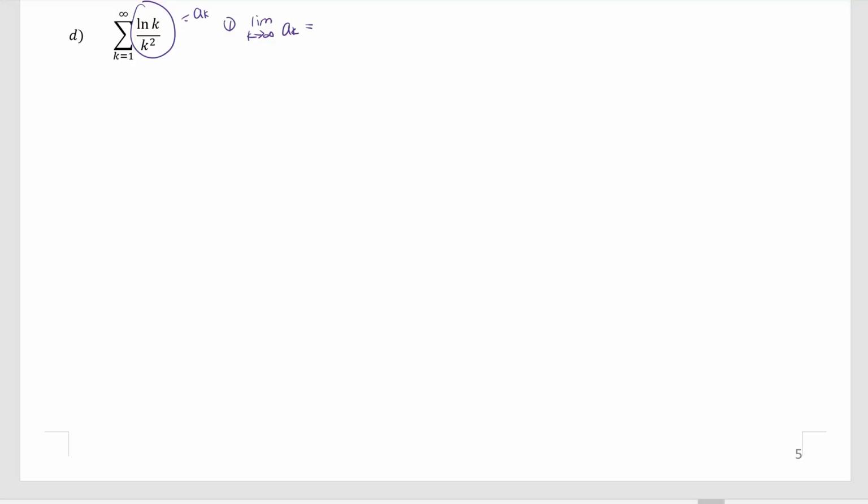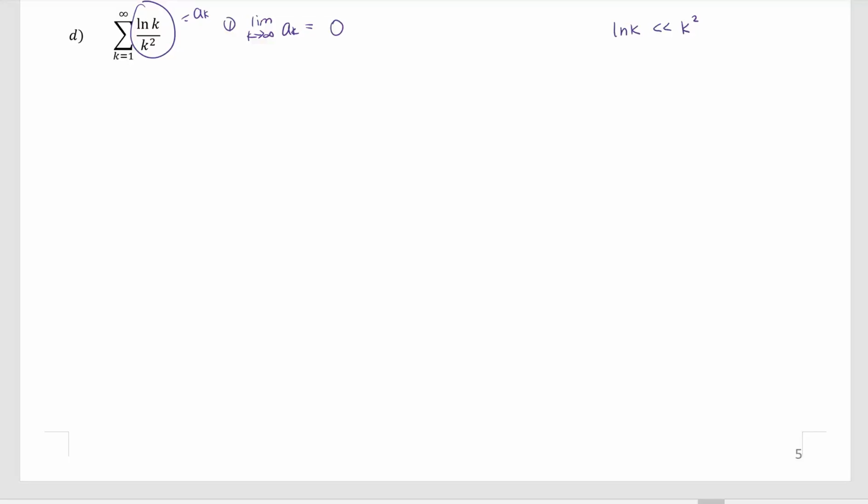The numerator is ln of k, the denominator is k squared. So which one is bigger? The k squared is bigger, so the denominator is bigger, and the limit is 0. That's the first step.